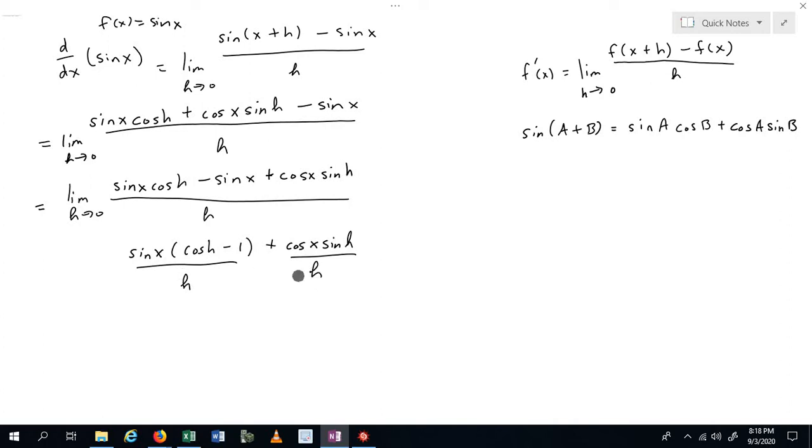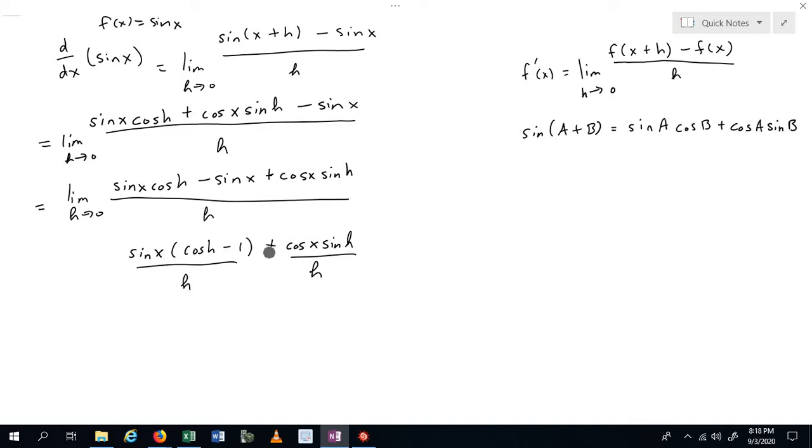Essentially, this would be a common denominator, and if you have a common denominator, then you can combine the tops and put it over one denominator. I'm just breaking it up into the two denominators where you have h in both denominators.